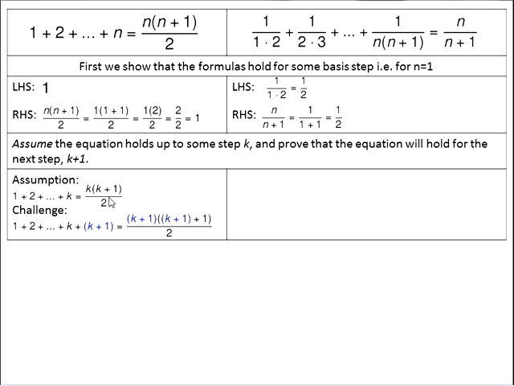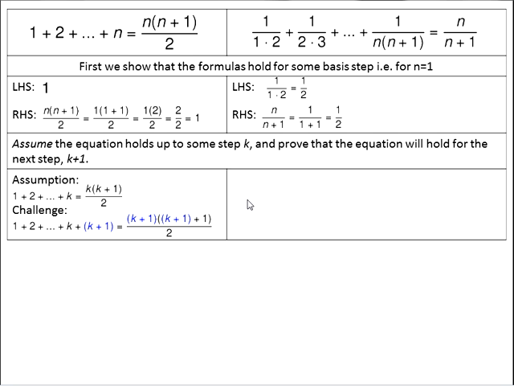I'm adding up to k plus 1. So just take a second to convince yourself that all I've done on the right-hand side is replace k with k plus 1. So on the left-hand side, what did I do? I added the next term, k plus 1. On the right-hand side, I replaced k with k plus 1 because I'm not adding up the first k terms anymore. I'm adding up the first k plus 1 terms.